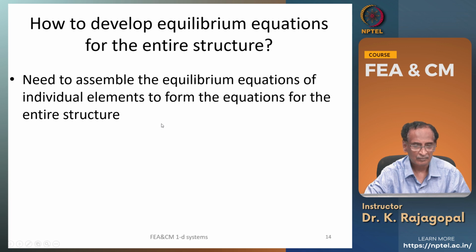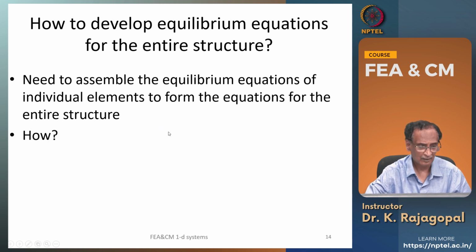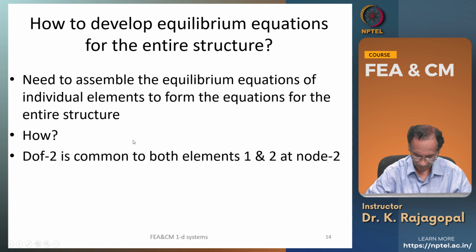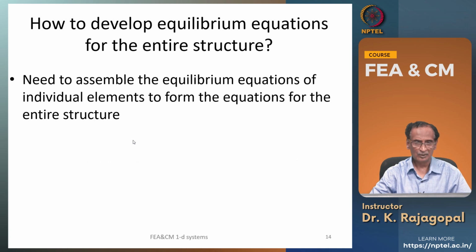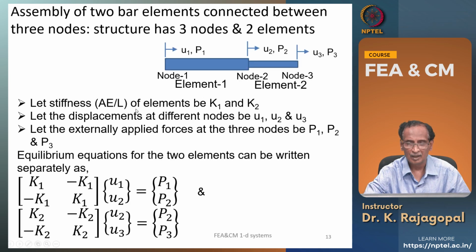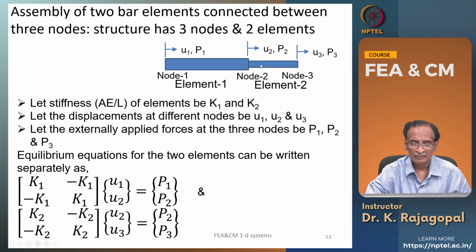So if we assemble, we get the equations for the entire structure. But how? If you look, degree of freedom 2 is common for element 1 and element 2. So the displacement is the same at this node for both elements, right?